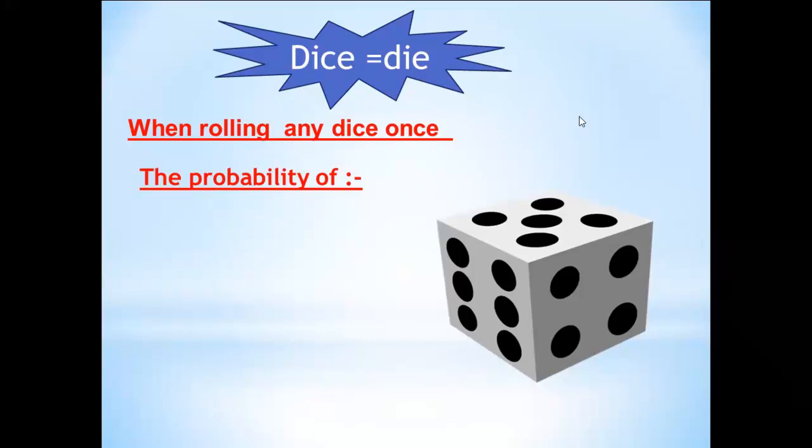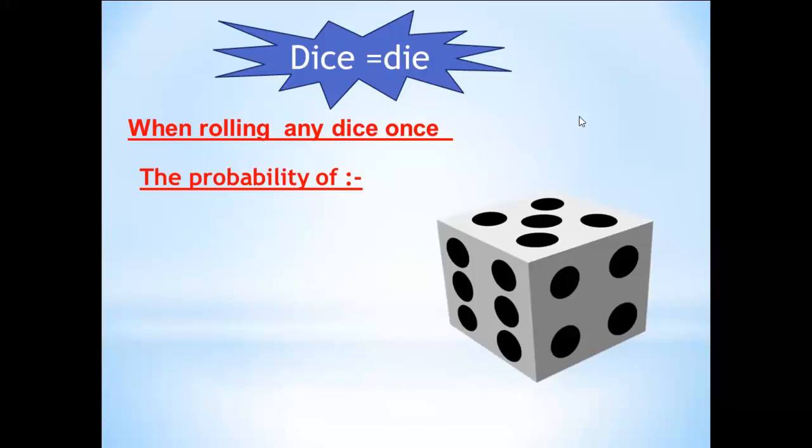The probability of an even number? Do you see the dice? Okay, even numbers like what? 2, 4, 6, 8. What is this? Will we take 8? Do we have 8? No. Okay, 2, 4 and 6.